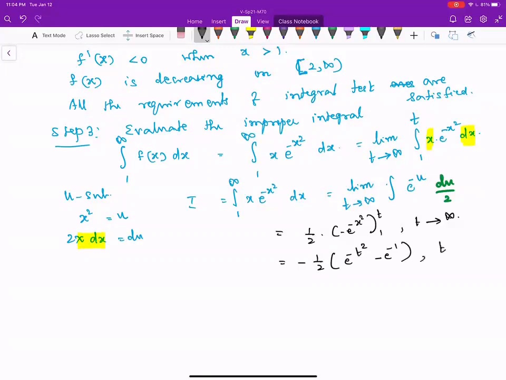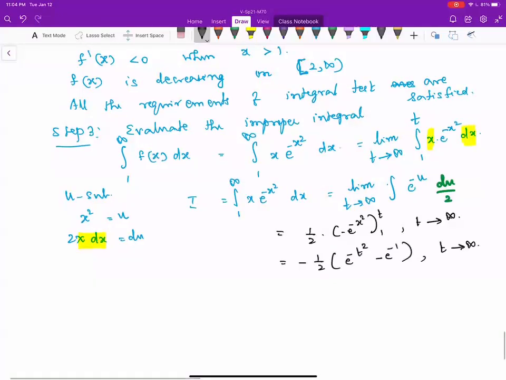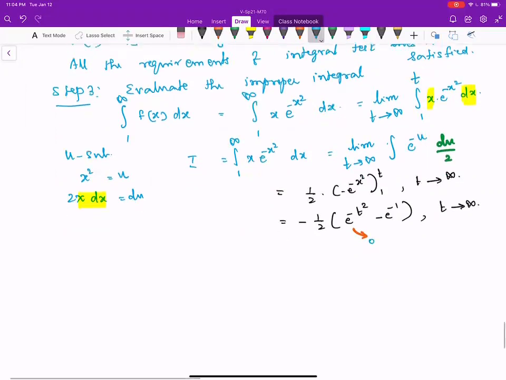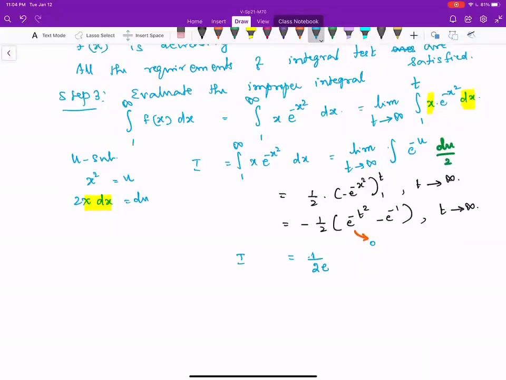When t approaches infinity, this part becomes e to the negative infinity, which will become 0. So it is positive 1 half times e to the negative 1, which is 1 over e, so it is 1 over 2e. Which means that the improper integral converges.